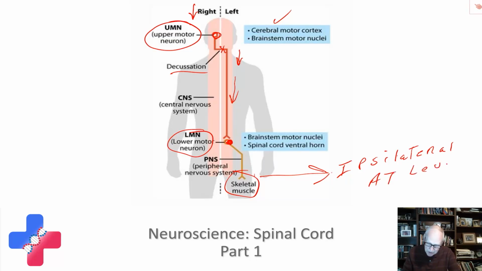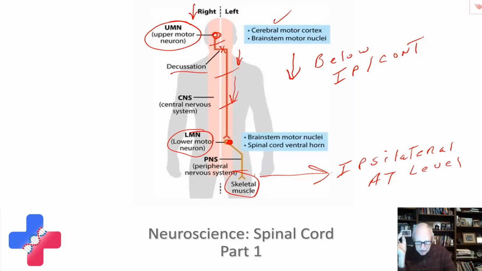Remember, the rule for a lower motor neuron is that it's ipsilateral at the level. But if it's an upper motor neuron lesion anywhere along the way, this is the long tract, so the lesion is below, and it's going to be below, ipsi or contra, depending on which long tract. So that's the two classic rules.